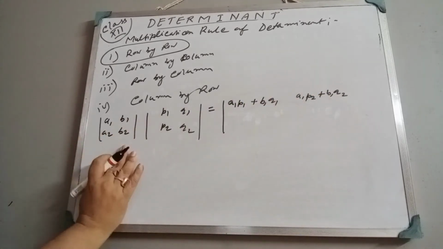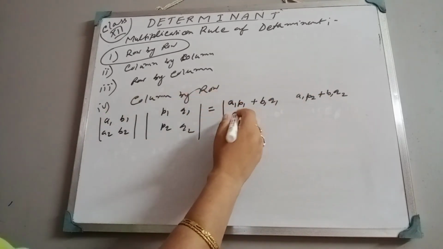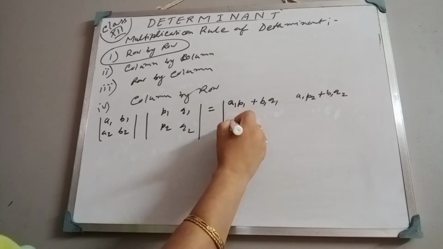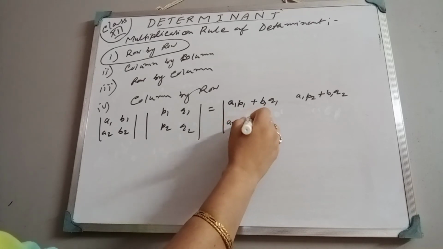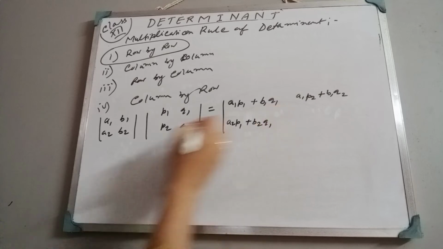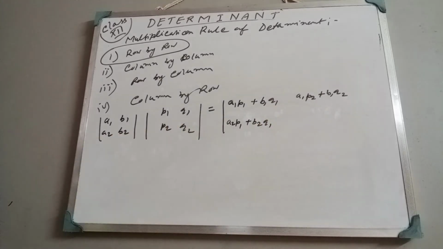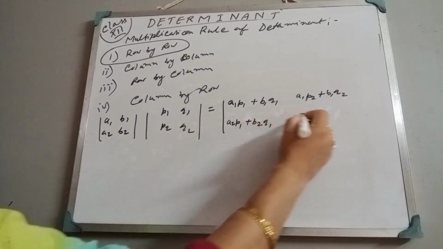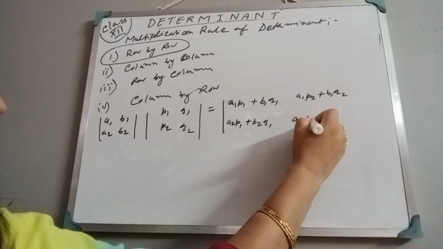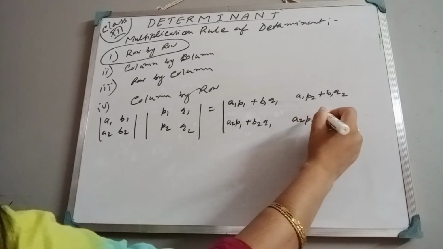Next, second row and first row: A2 P1 plus B2 Q1. Next, A2 P2 plus B2 Q2.